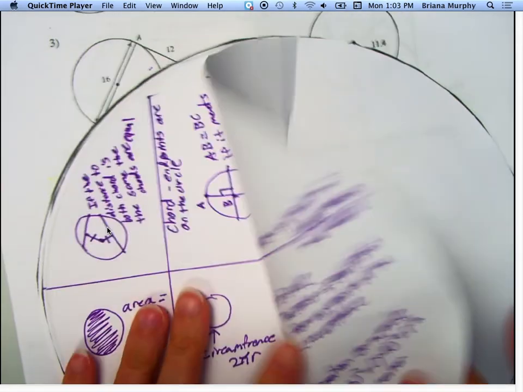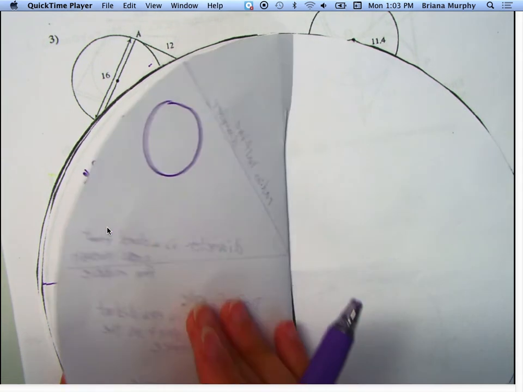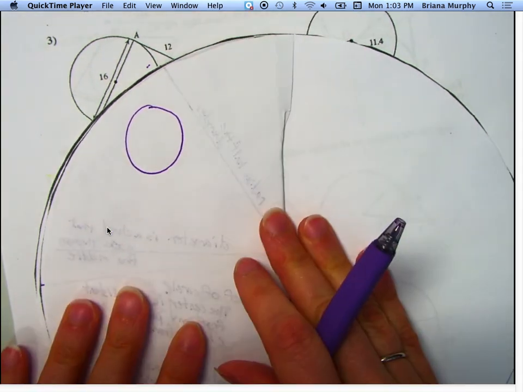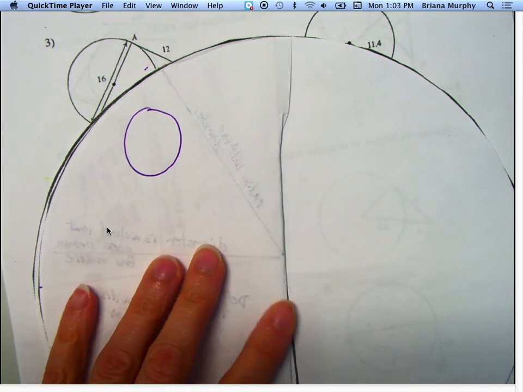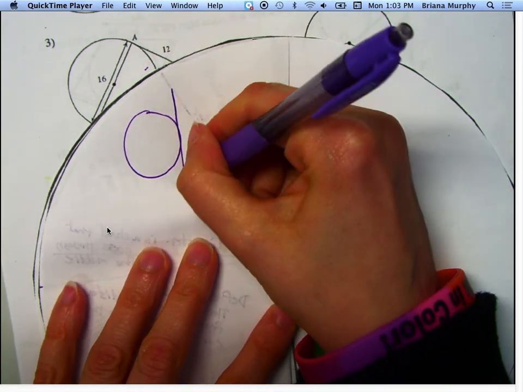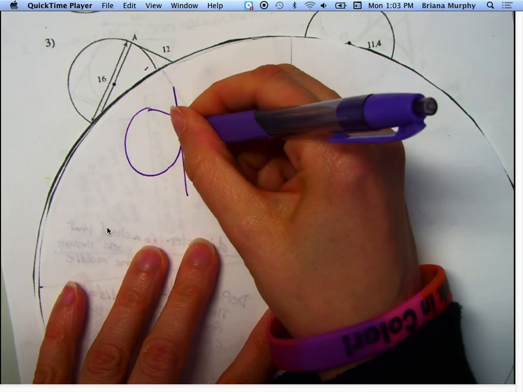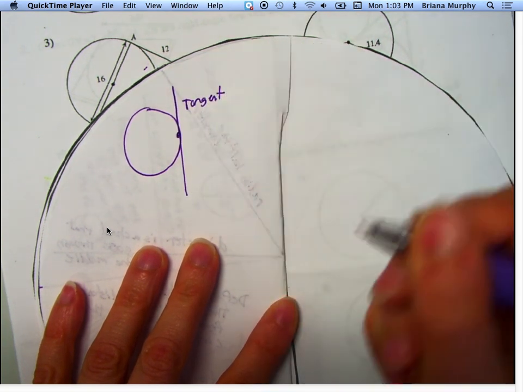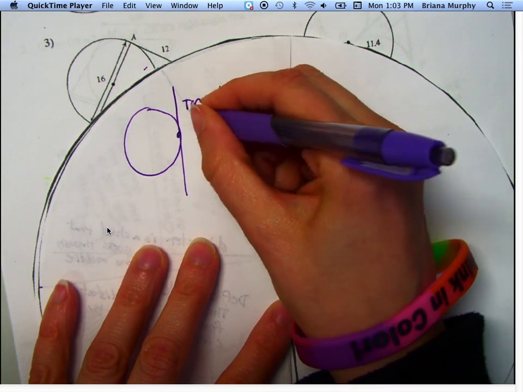We've turned our page, so we've moved our page over from a bunch of vocab, and we're right here. And I'm going to start with putting a line, and this is called a tangent. And it touches the circle at one point.